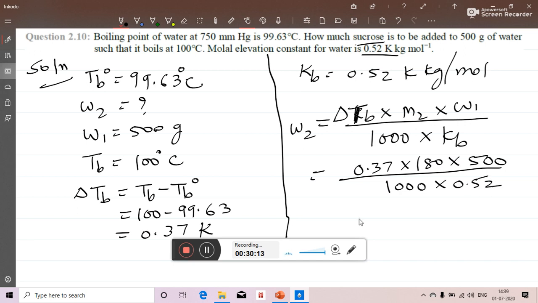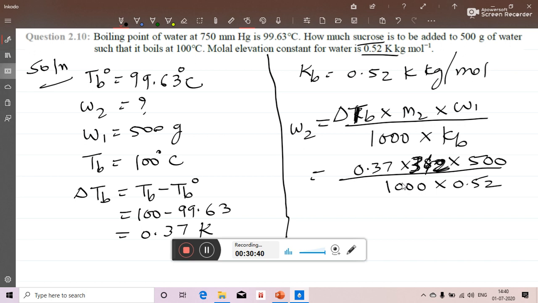So when you will solve this, 0.37 into 180, wait, it is sugar, so sugar's molar mass will not be 180, it will be 342. Sucrose's molar mass is 342.